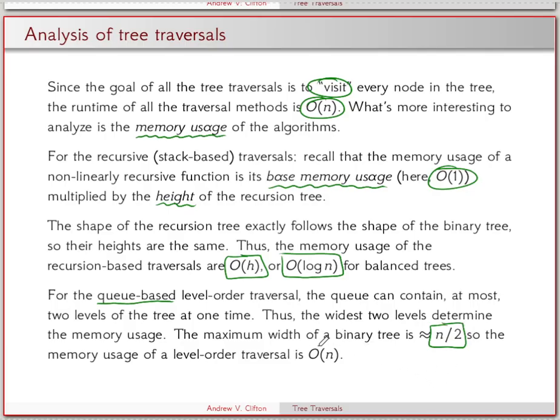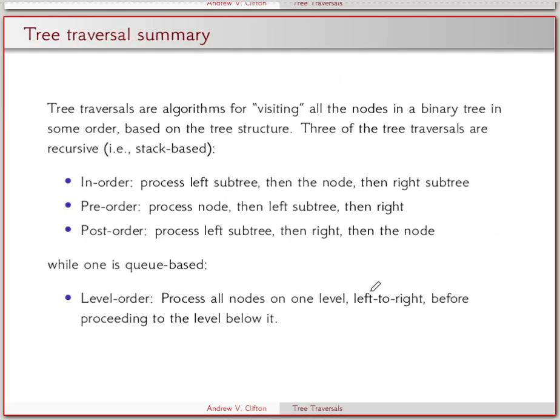So you could have a level order traversal that uses O(n), or n over 2, memory in the form of the queue. So a level order traversal actually uses more memory theoretically than the recursion-based ones, because it's storing horizontal strips of the tree rather than vertical paths through the tree.